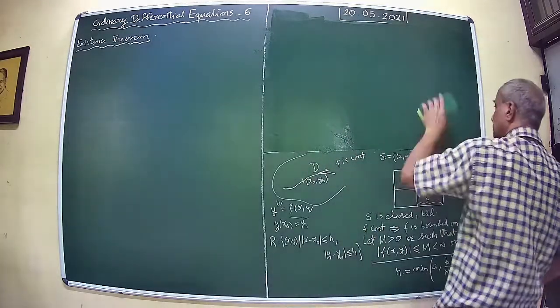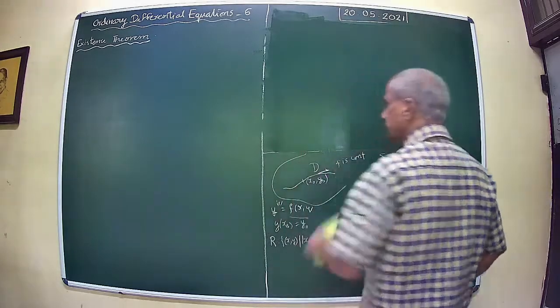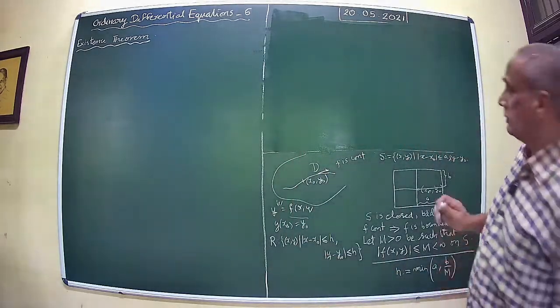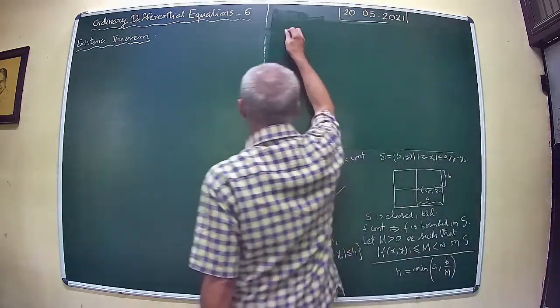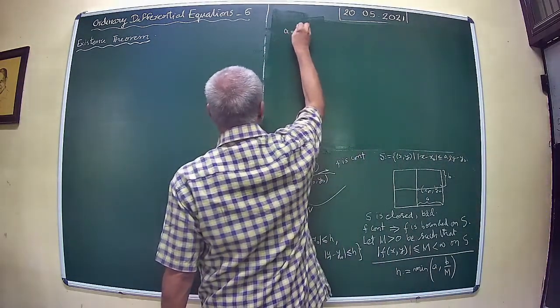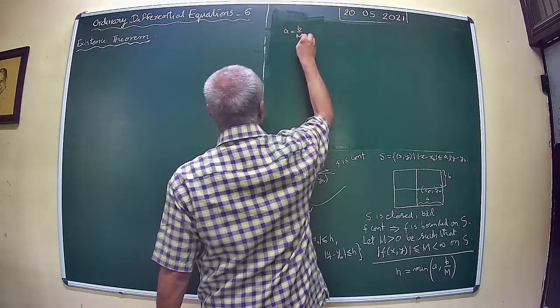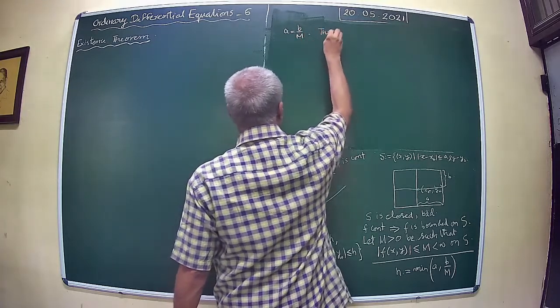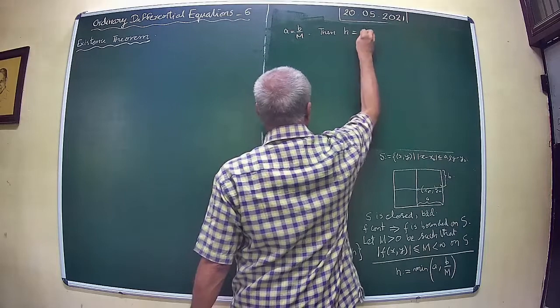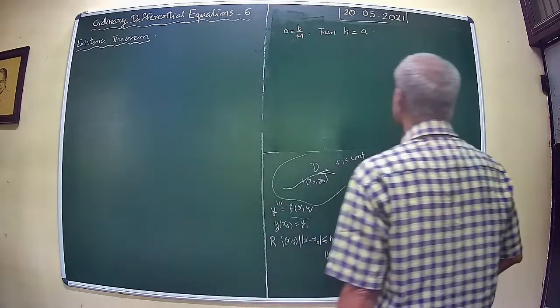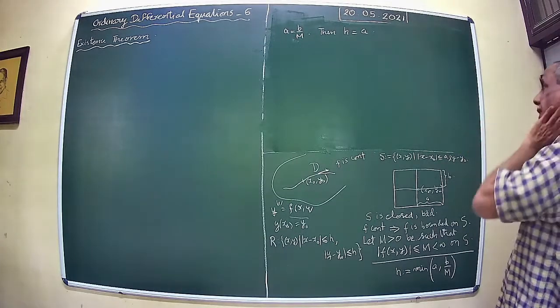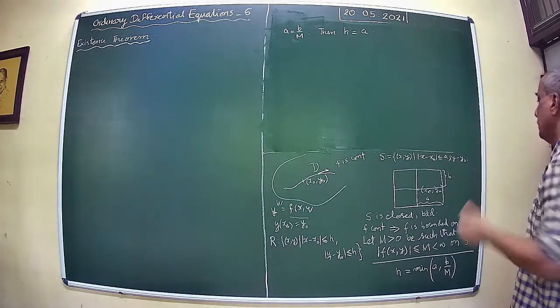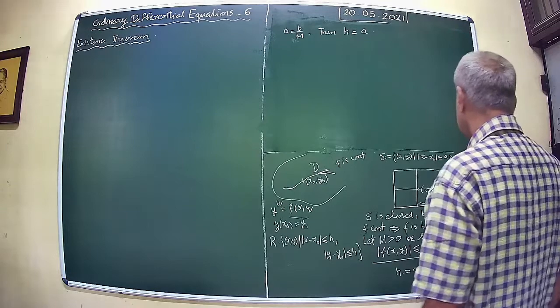Let us take the three situations. One of them is, of course, a equal to b by M. Then h is equal to a.